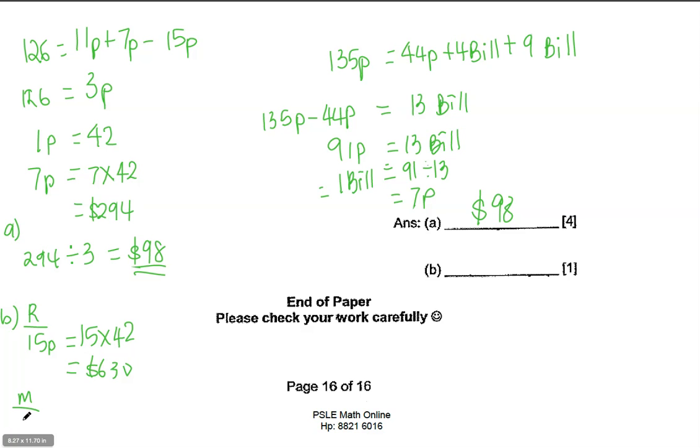So Mary should have 630 plus 126. So Mary should have how much? $756. Correct? So their total amount would be 630 plus 756 plus 294. Right?